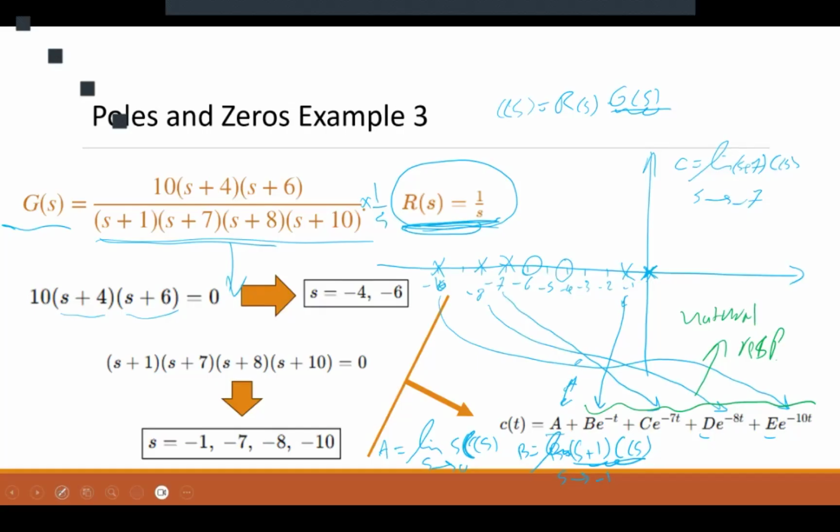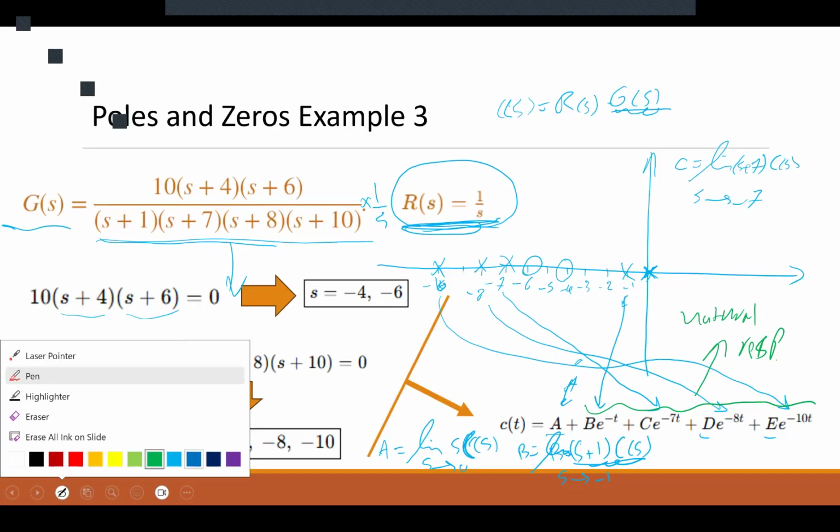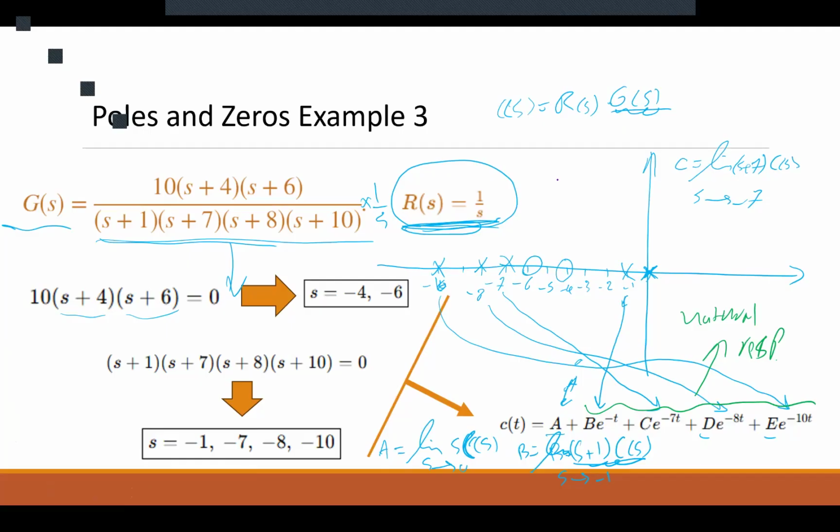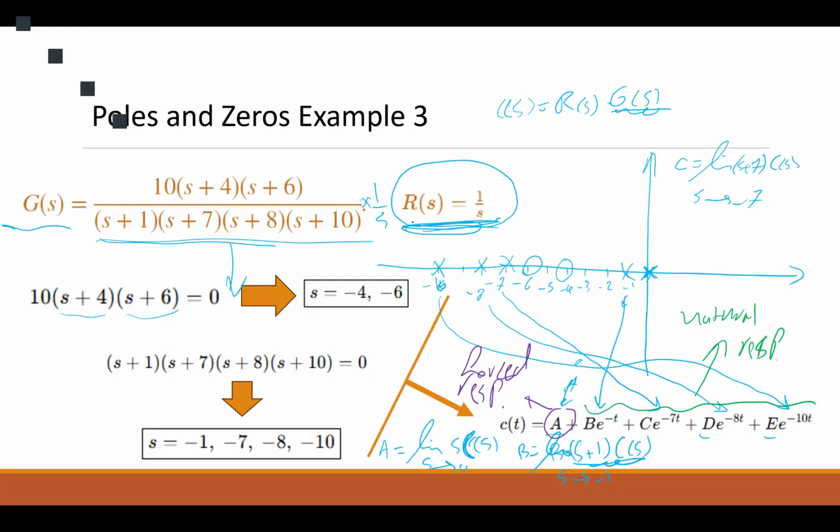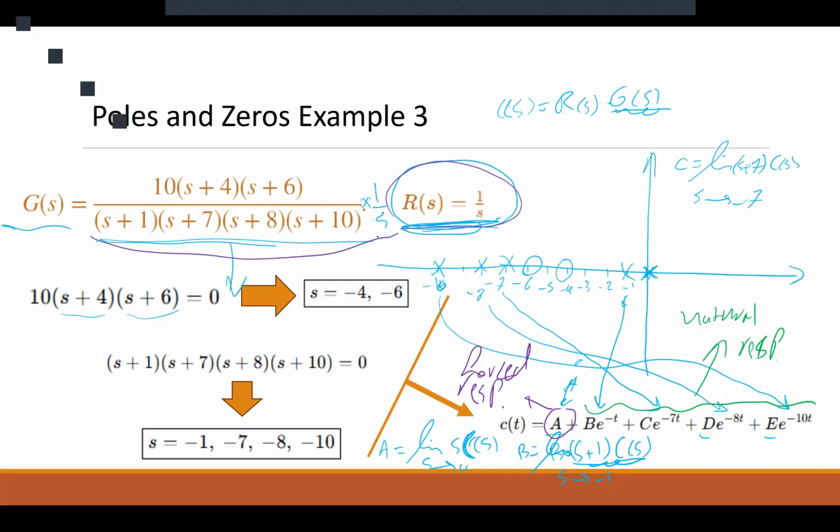And the one related to the input, which is this part, the pole at 0, is the forced response. Yeah, I wanted to mention that. Okay, so whatever is from the input is the forced response. Whatever is from the G of S is the natural response.